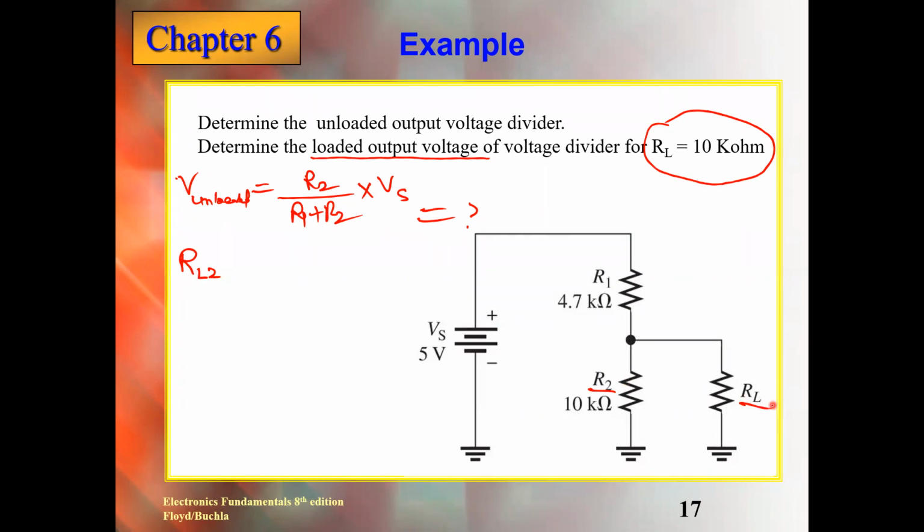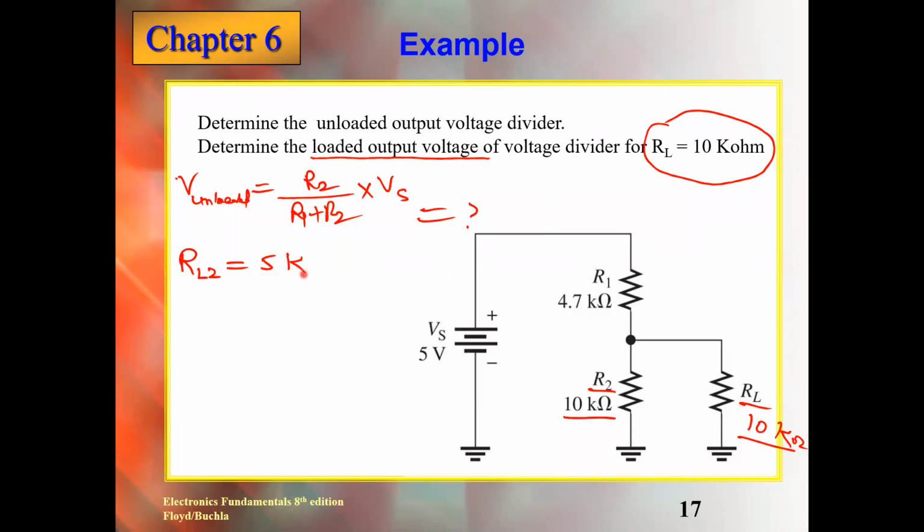Now they are in parallel. What is the value of this one? 10 kilo ohm, and this is also 10 kilo ohm. So what will be the RL2? 5, because they are in parallel. You don't need to apply the formula because you know the basics. Sometimes you can save your time this way.